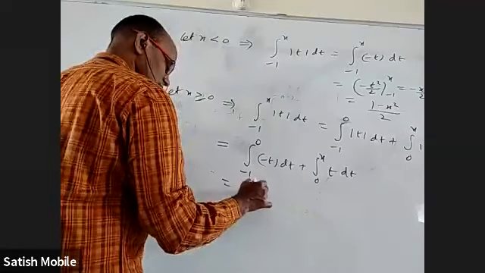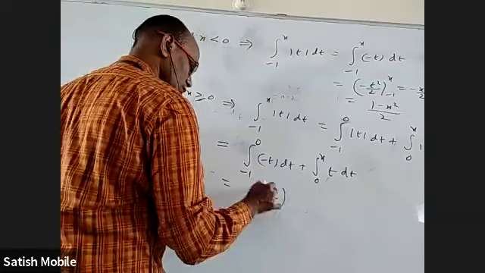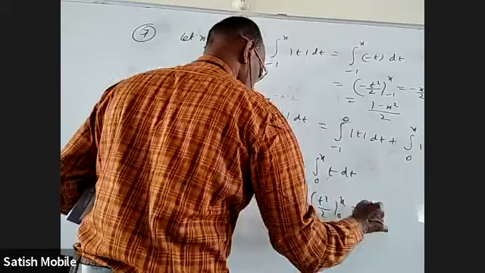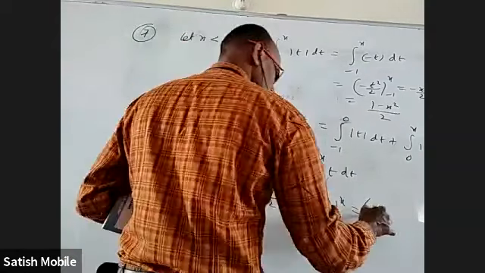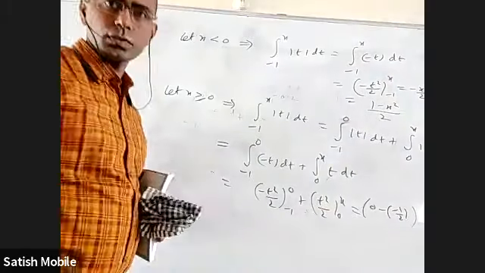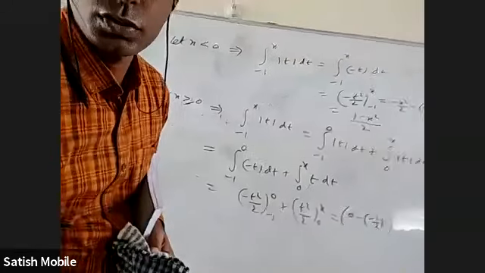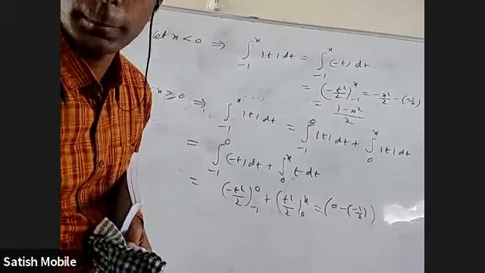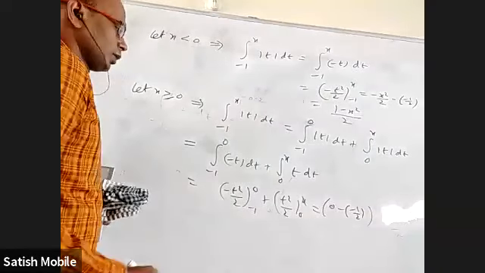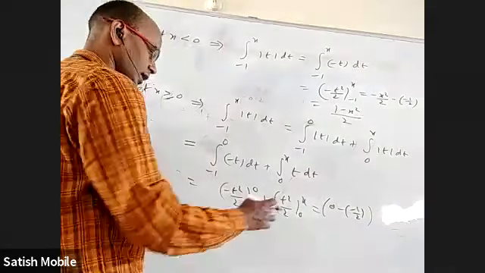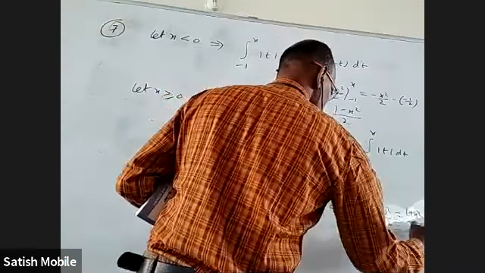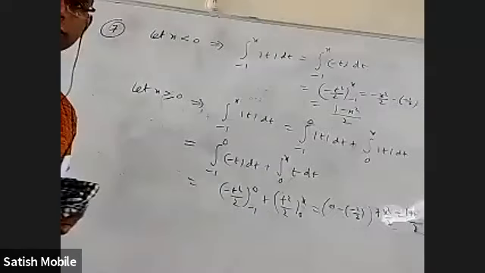That's it. This is minus t square by 2 with limits minus 1 to 0, plus t square by 2 with limits 0 to x. So this is 0 minus minus of, sorry, sometimes I'm going outside the range. And this one is x square by 2. So we are getting 1 by 2 plus x square by 2.